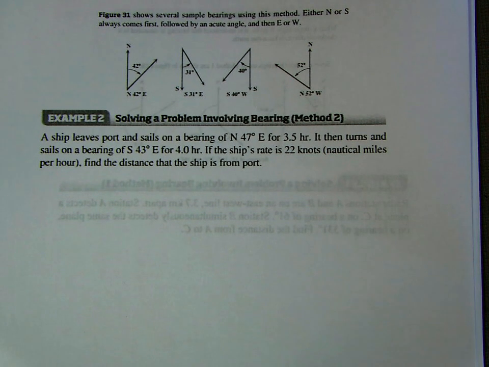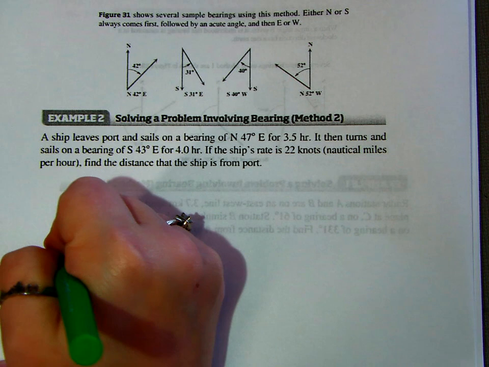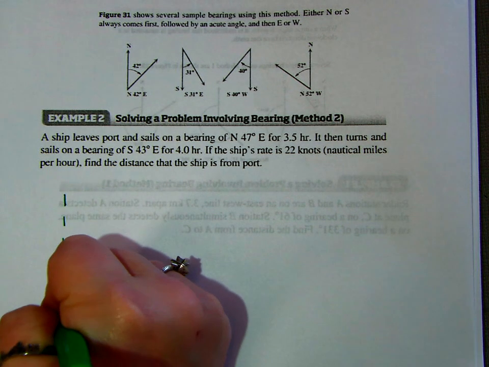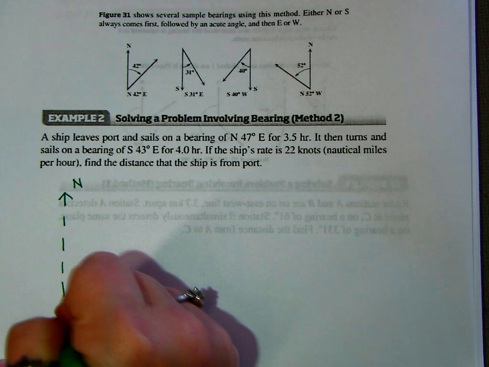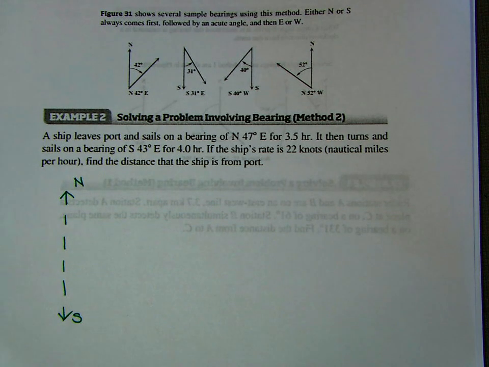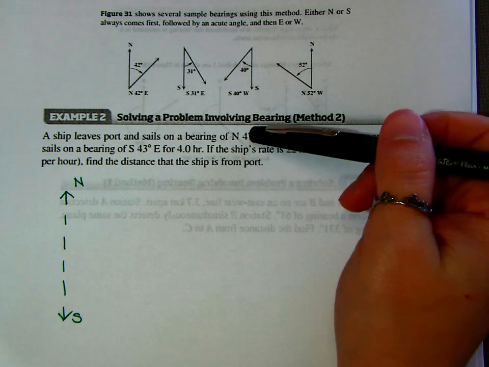Because this time we have a ship. And our good old ship is leaving the port, and it sails on a bearing of north 47 degrees east. Okay? So I'm going to go ahead and draw in my north-south line to give me a good starting point to get my bearings. North, south. And it says I'm starting from north and I'm traveling 47 degrees east.